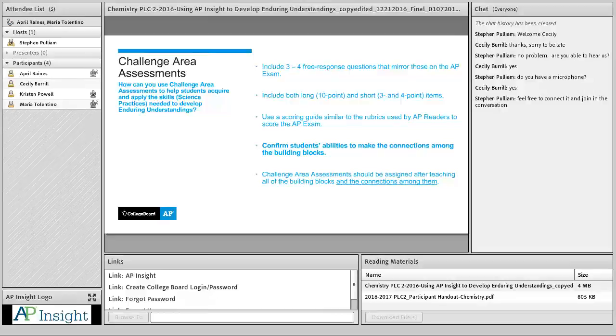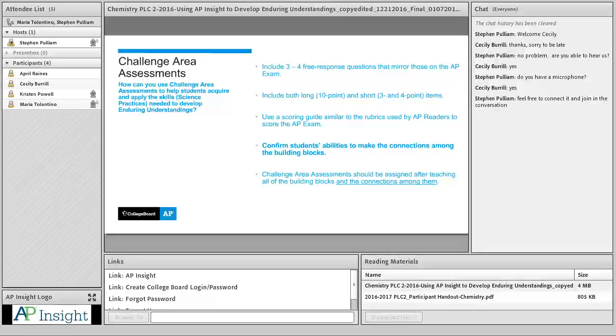Can I just share my experience with the challenge area assessments too? Like the performance tasks, the questions that you were talking about, Stephen. Yes, I used those during the introduction of the concept, and as we build on the different items for the concept, and then the building block quizzes.